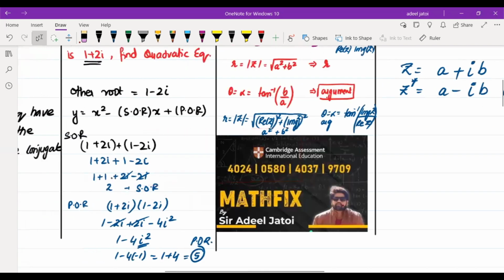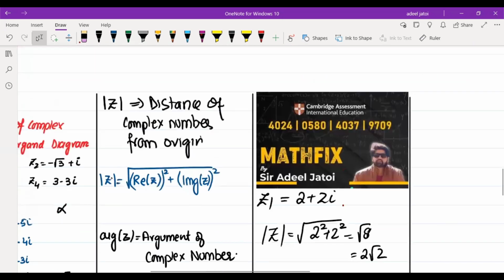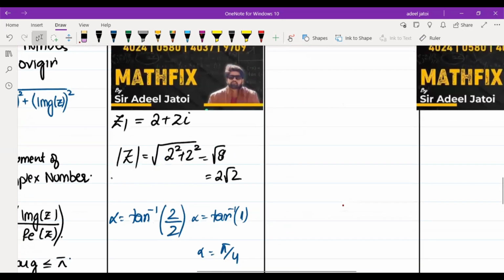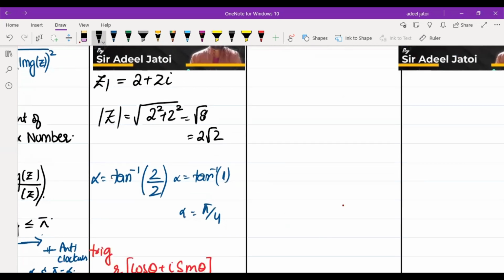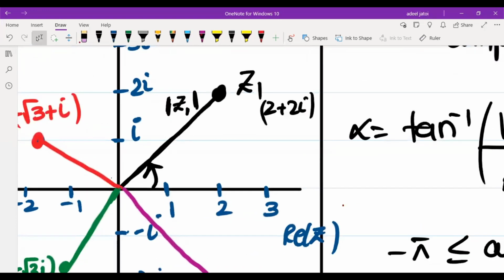So this is what we got in lecture number 3 of 2 plus 2 iota. How to find out the modulus, which is 2 under root 2, and tan inverse, which is pi upon 4. Now, if we just look at this, this is your alpha, which becomes pi upon 4, whereas this becomes the modulus of z, which is also r, 2 under root 2.